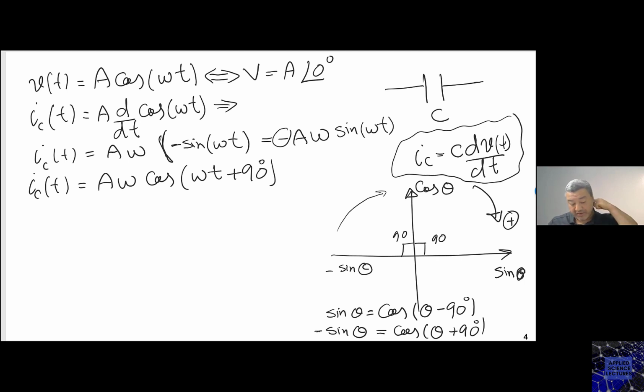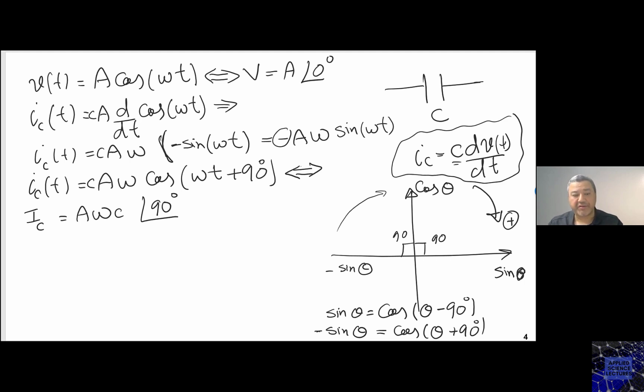Now, if I am to write the phasor representation for this current, then I_C becomes A omega C. Of course, we drop the C here, so here we drop the C, A omega C at 90 degrees.